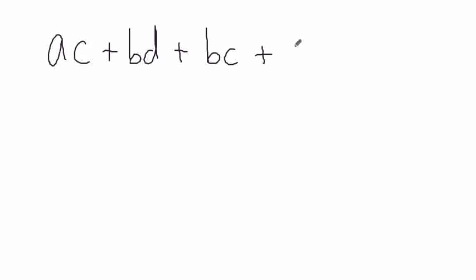Suppose we had the following: A times C plus B times D plus B times C plus A times D. If you look over all of those four terms, they truly have nothing in common.